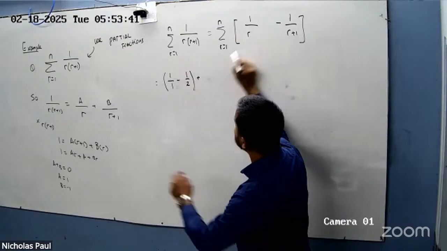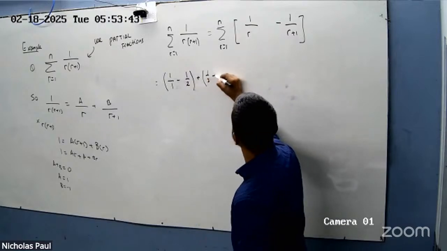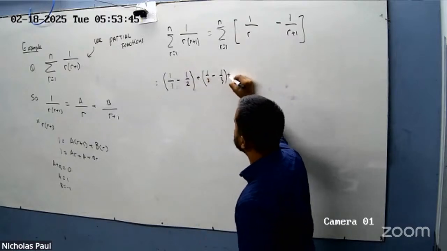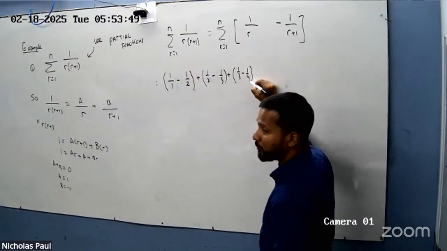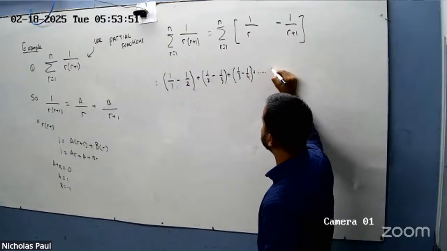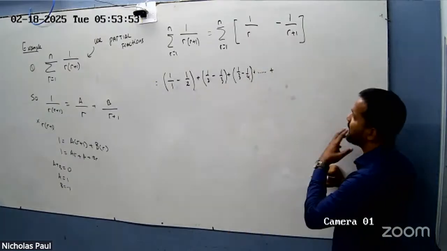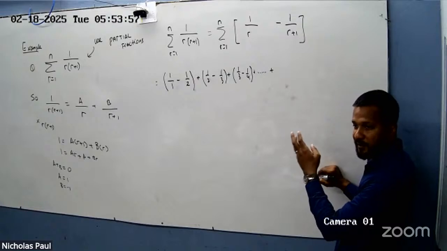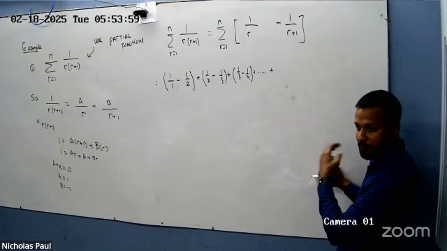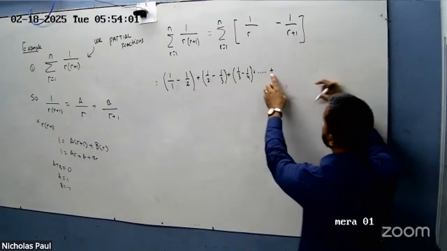That's 1 over 2 minus 1 over 3. Third term, 1 over 3 minus 1 over 4. Plus, I'm skipping out the rest, and I'm going down to the last terms.